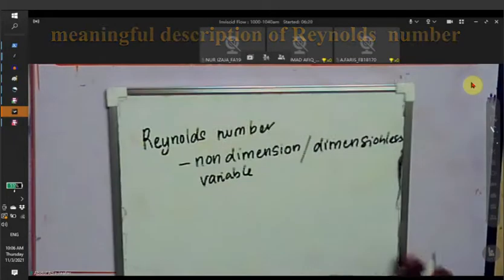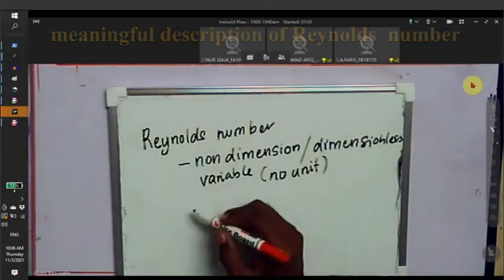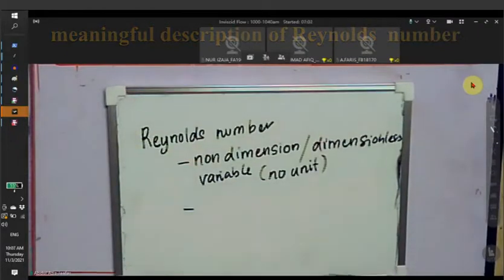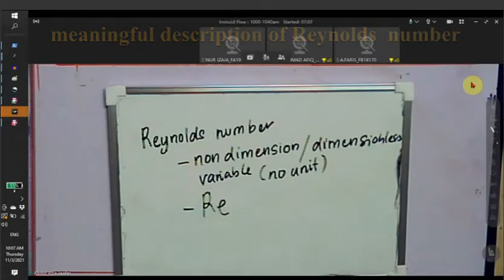Right? So the Reynolds number is a non-dimensional, or dimensionless, variable. It means that it has no units. So how can we assign the symbol for this Reynolds number? RE. This is the standard notation for this dimensionless variable.